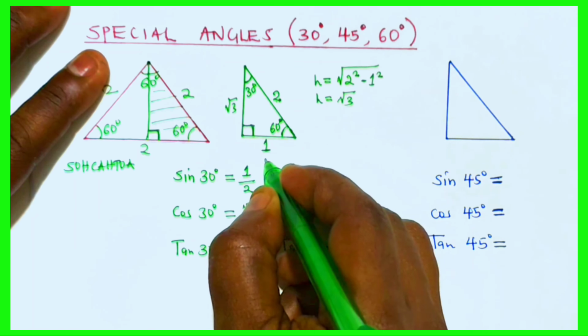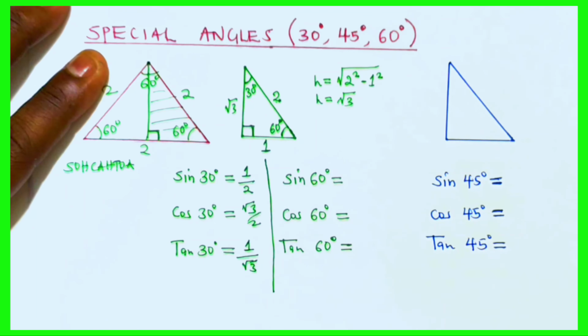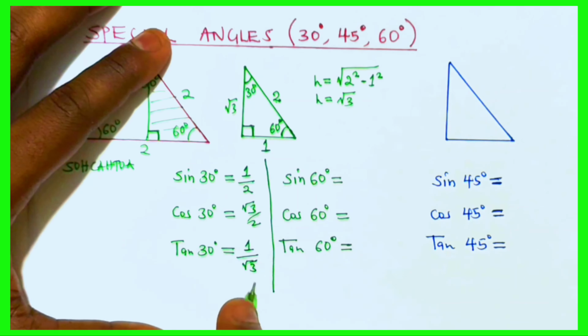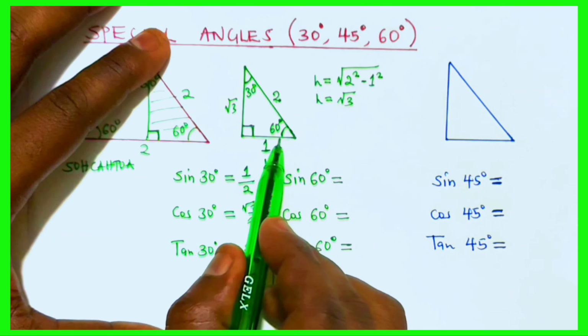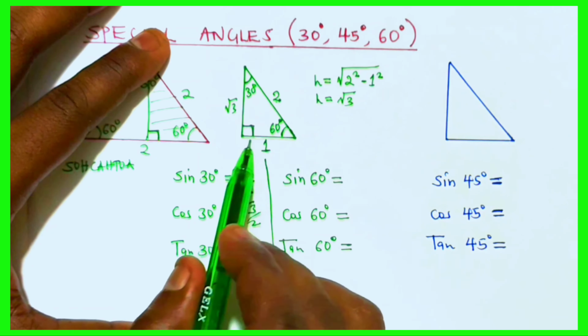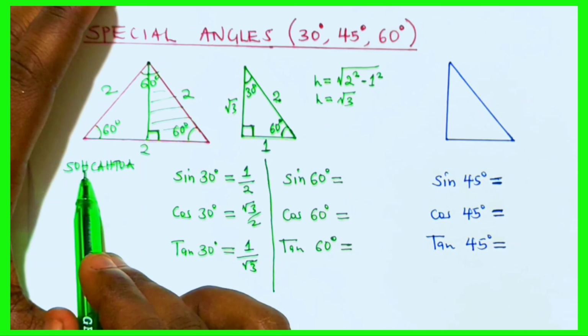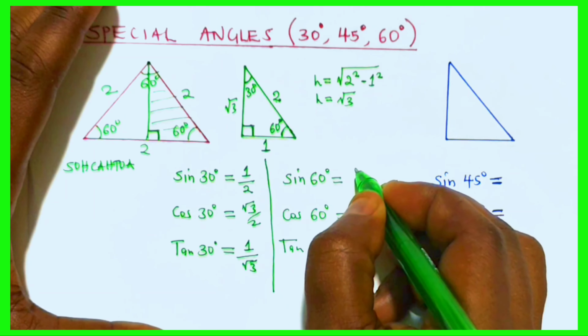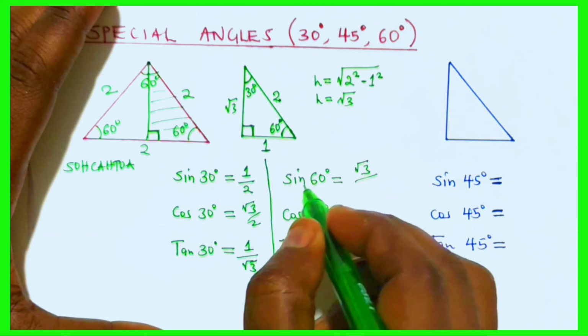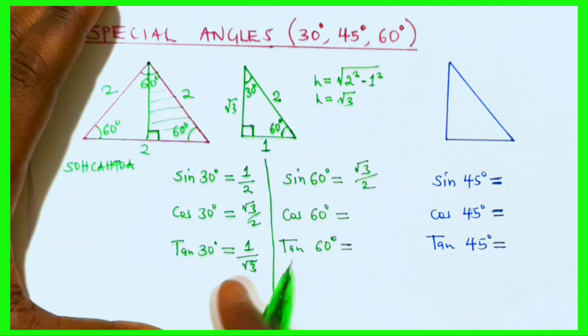And then what about the sine of angle 60 degrees? For this angle, this line here is its adjacent, so I'm going to consider the opposite over the hypotenuse. So the opposite will be root 3 and the hypotenuse is 2.